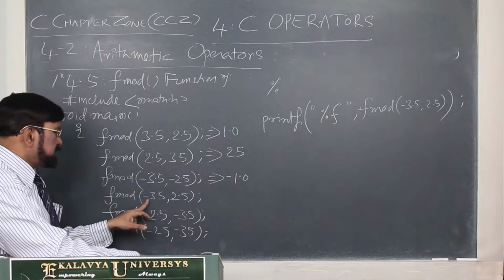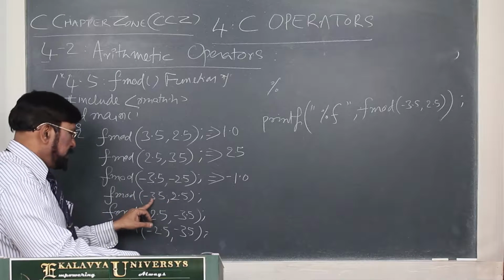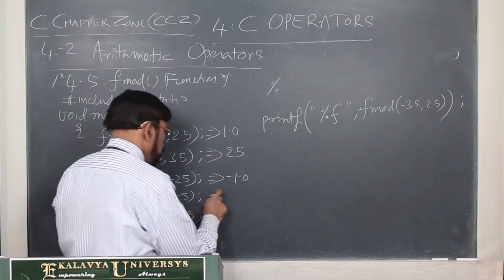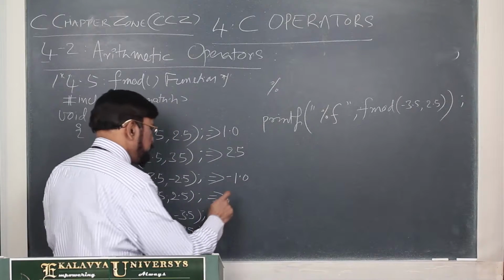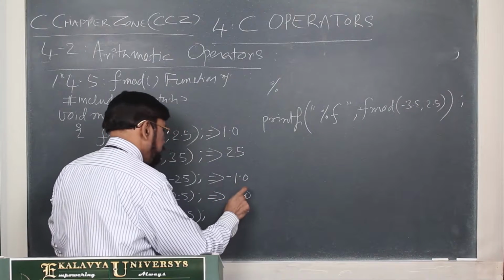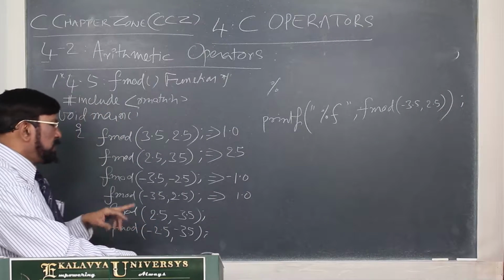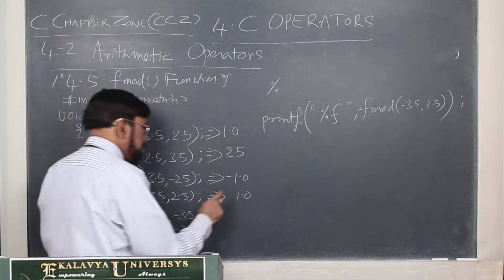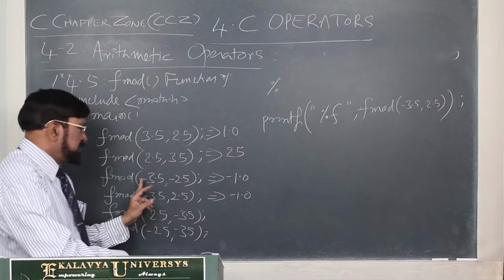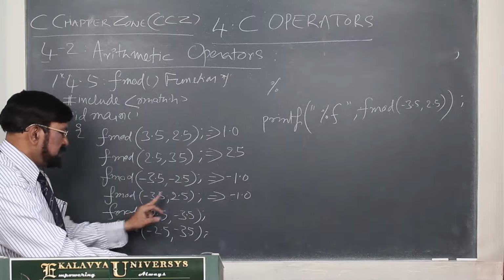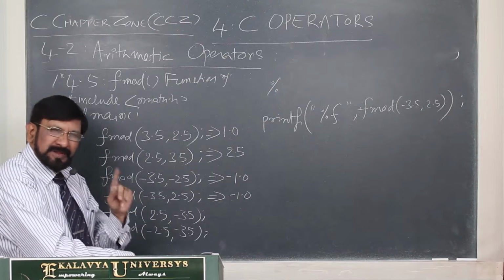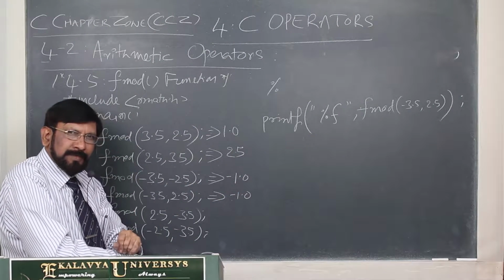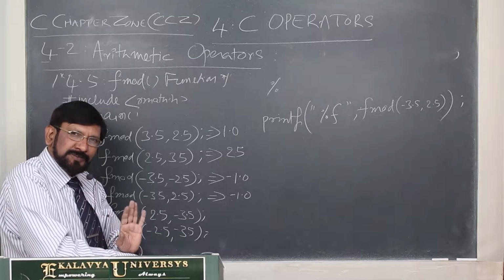Okay. Next, minus 3.5 and plus 2.5. Just take the absolute values, 1.0, and now what is the sign? The sign of the numerator will be the sign of the result. Here you see minus and minus, minus and plus. Even though logically you can find out the reason, you may commit a mistake.